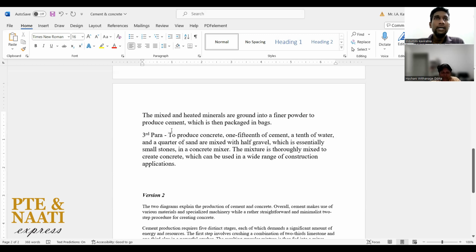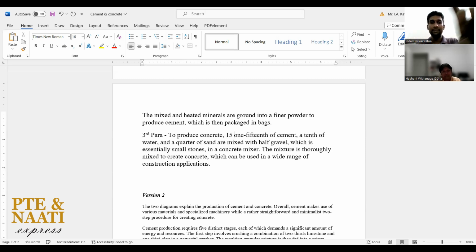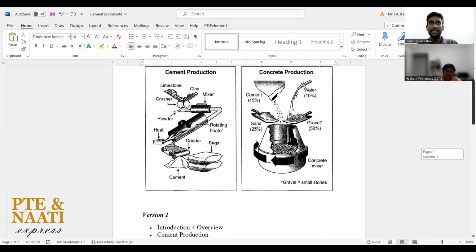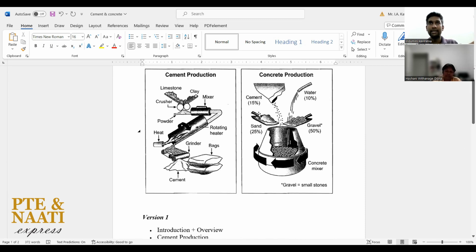In the third para, to produce concrete, 1/5 of cement, 1/10 of water, and a quarter of sand are mixed with half gravel. Hope you can understand how that percentage is given without actually taking those percentages. Mention its synonyms. The same thing, like the 15% of cement, 10% of water, and rather than telling 25%, a quarter of sand are mixed with half gravel, rather than taking directly 15, 10, 25.